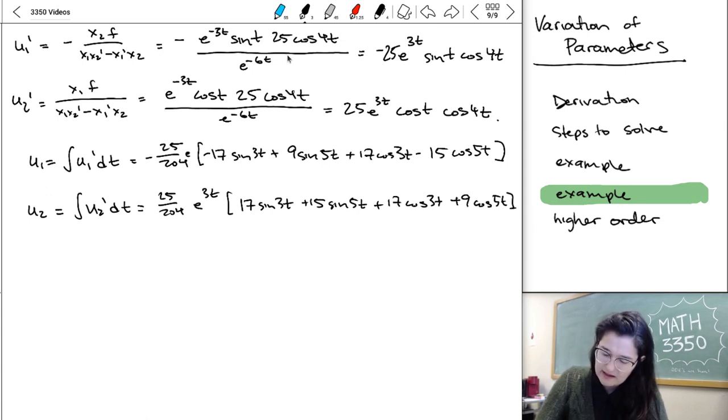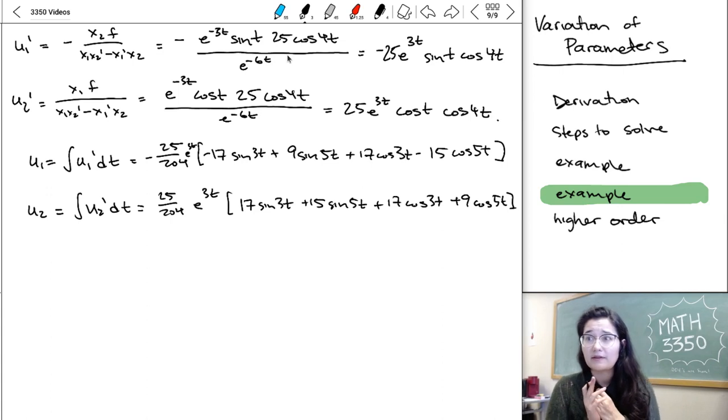And I'm missing an e to 3t over there. I'm sorry about that. I'm sure you're very concerned about the accuracy of this integral. You never want to evaluate it.